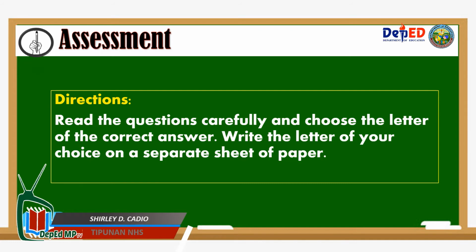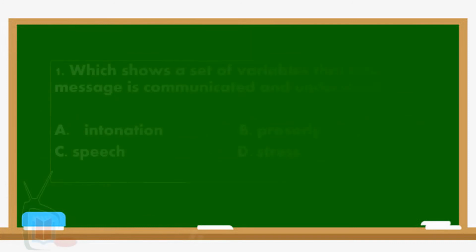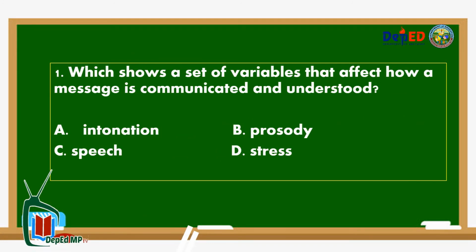Let's now see what you have understood in today's lesson. Read the questions carefully and choose the letter of the correct answer. Write the letter of your choice on a separate sheet of paper. Number 1.